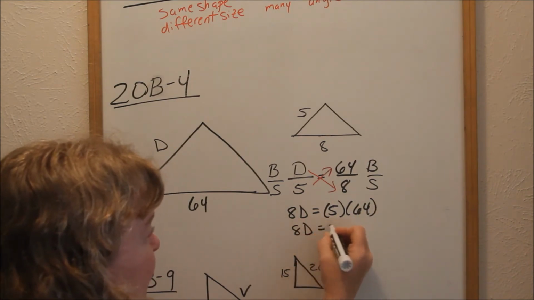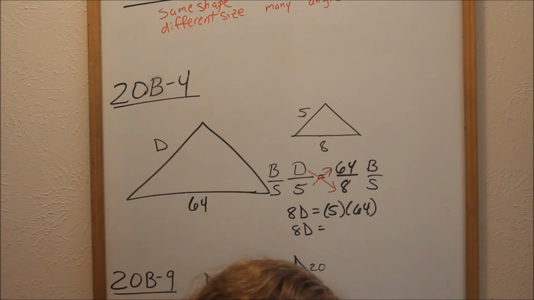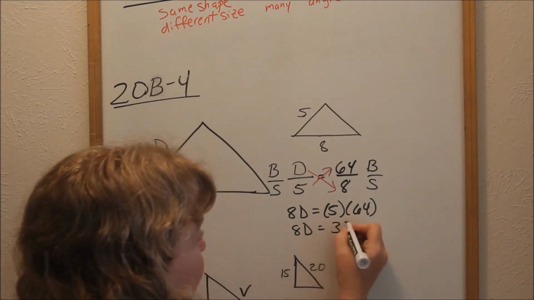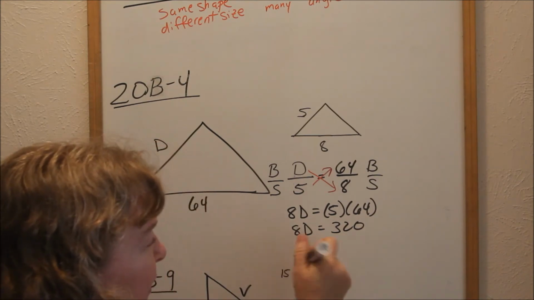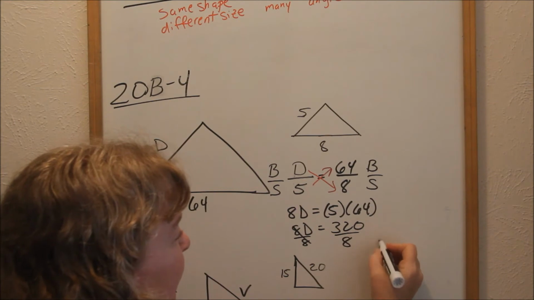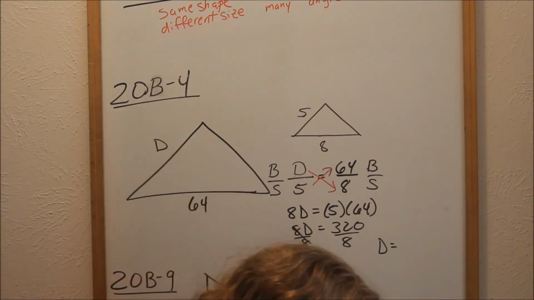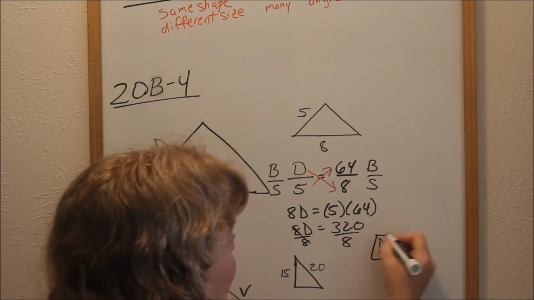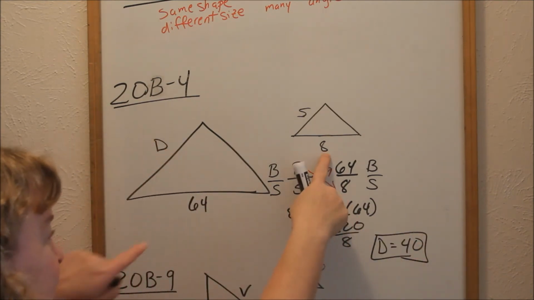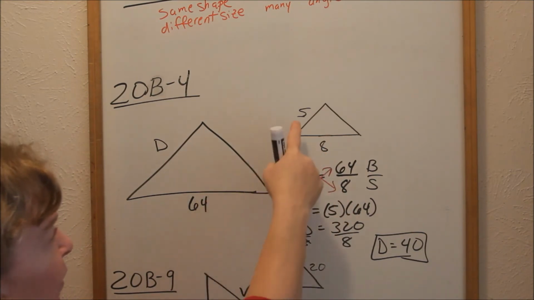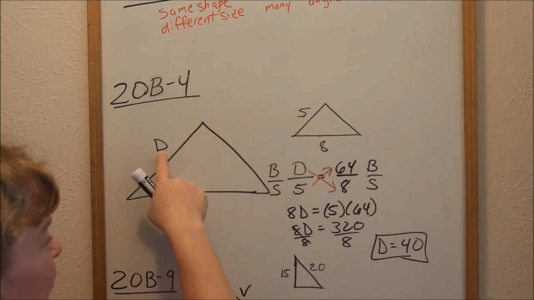So 8D equals 320. Now to solve this, you need to get rid of the 8, which needs to be divided away. So divide it to the other side. And then D equals 40. You can double check yourself because going from 8 to 64, 8 times 8 equals 64, and then 5 times 8 does equal 40.